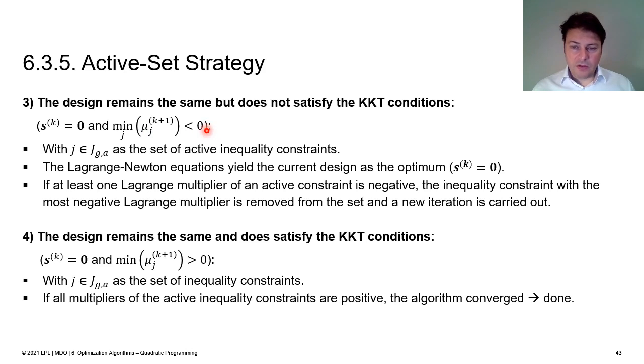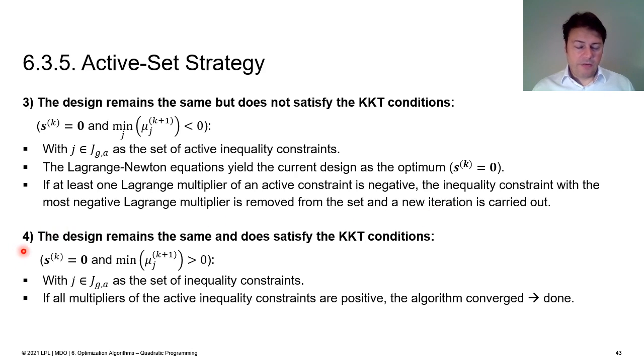Well, that means that you have active constraints, but going away from them would improve your results. So what you would do is you would remove this constraint from the active set, and then start over with a new iteration.